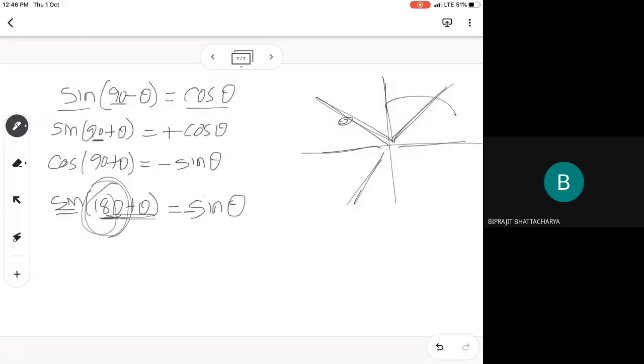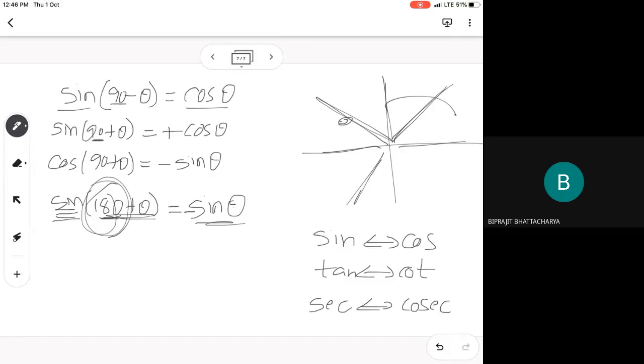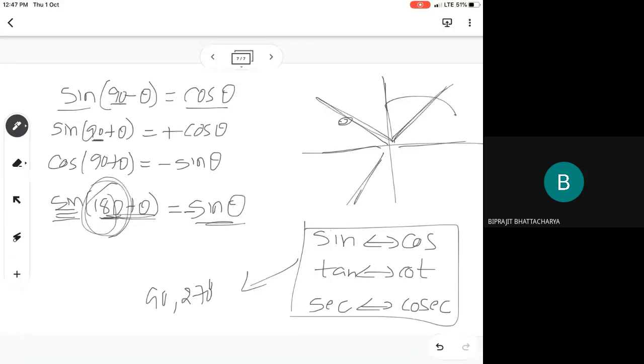If you have 90 or 270, sine changes to cos, cos changes to sine, tan changes to cot, cot changes to tan, secant changes to cosec, and cosec changes to secant. This applies to odd multiples of pi by 2, like pi by 2, 3 pi by 2, 5 pi by 2, usually 90 and 270 are considered.